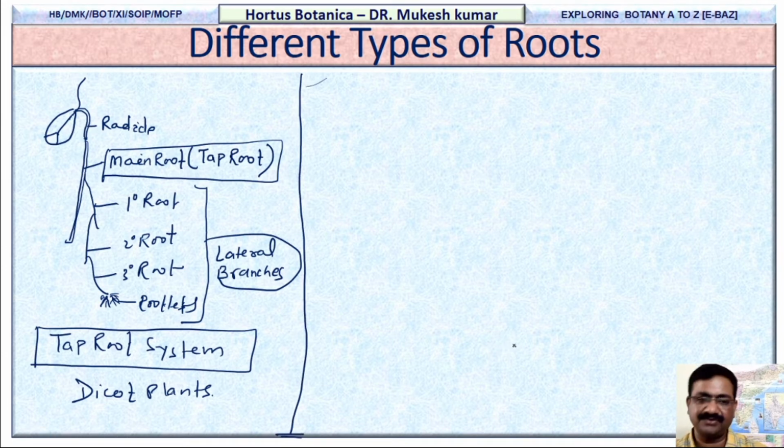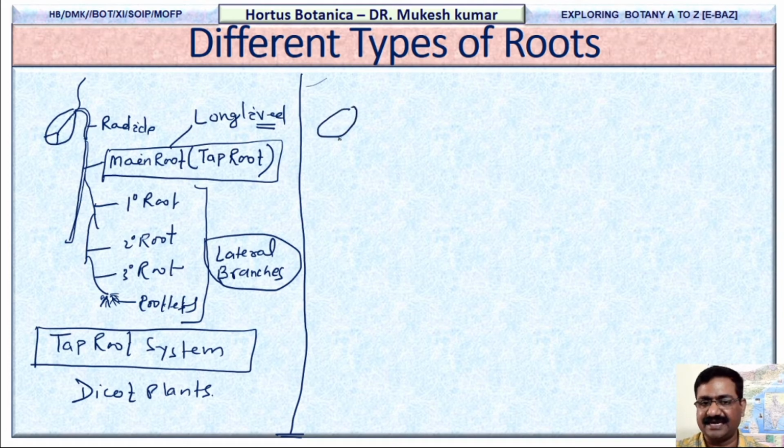Now see, why did you get these very advanced branches? Because this main root is long-lived. Mind well. It might be possible that this radical is growing, and you are finding the plant is growing, a small plantlet, and this is the main root.